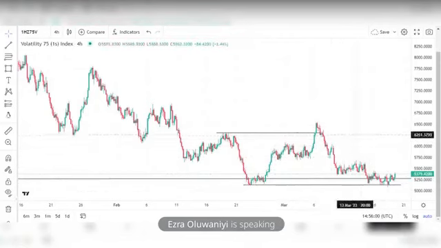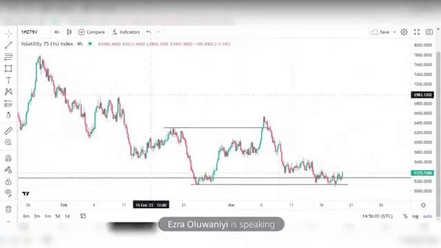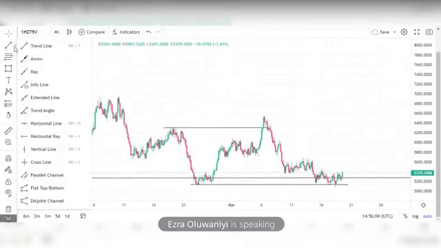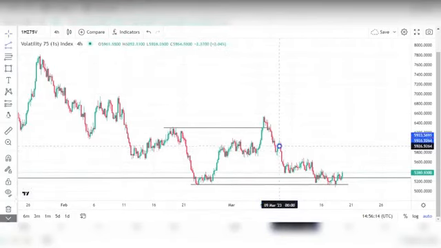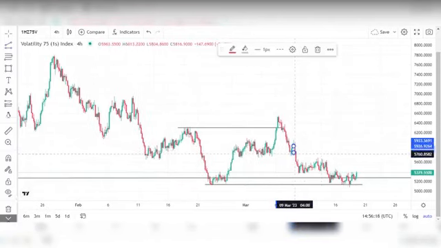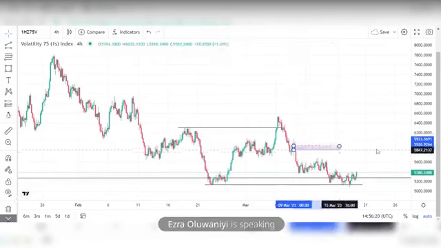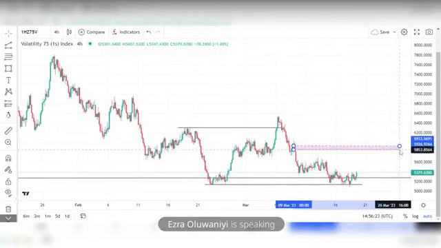All right, if price will continue selling, there's an imbalance around here. You should look at this imbalance very carefully if price would sell. So price should come into this imbalance.